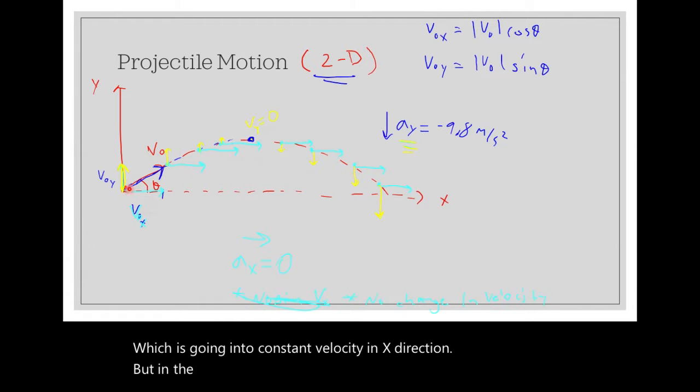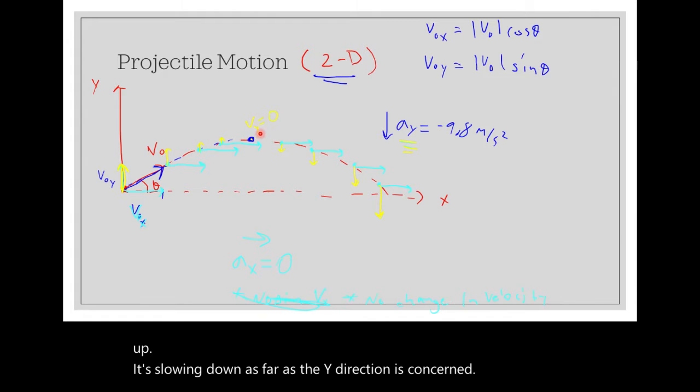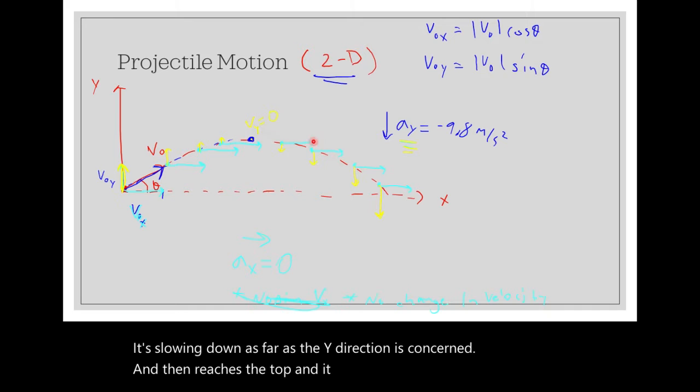But in the y direction, notice how it has most of its y velocity initially. It decreases because as it goes up, it's slowing down as far as the y direction is concerned. And then it reaches the top and it starts to fall, and it starts to fall faster and faster. All right, cool.